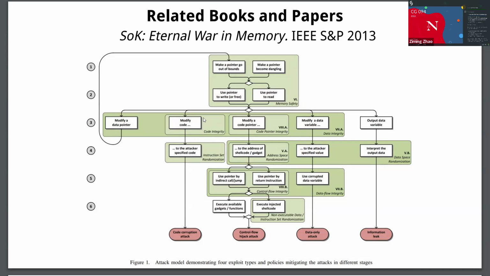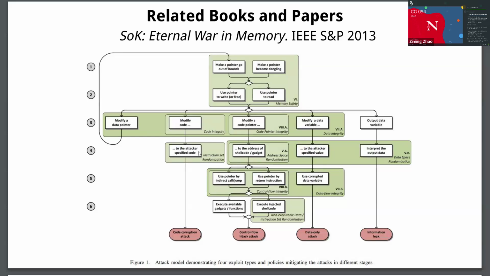For example, if you are overwriting the code, modifying the code, then you breach the code integrity, right? If there are other pointers in the memory and you are trying to overwrite those, then you breach the code pointer integrity. And all of them can be considered as data, so also data security.